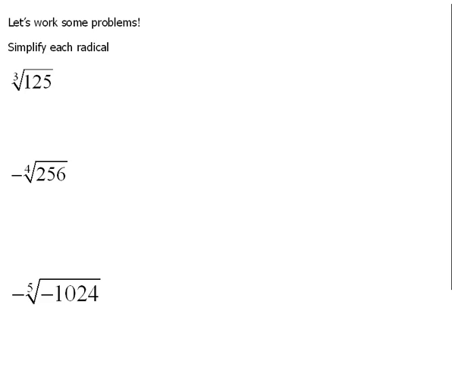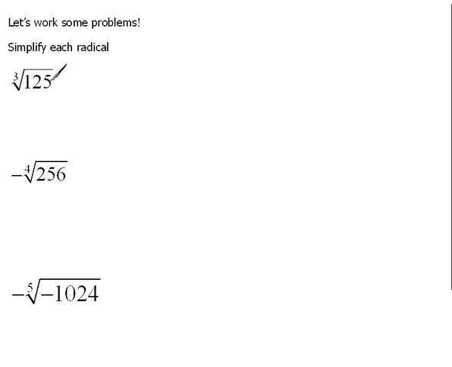Okay, let's go ahead and work some problems now that we have some of the vocabulary and concepts and ideas down pat. Here we have a problem that says the cube root of 125. Now we could do this a couple of different ways. If you have your list going with all of your perfect cubes and then the cube roots, which would be going backwards, then you could use this.